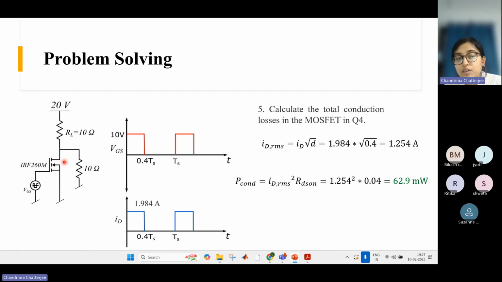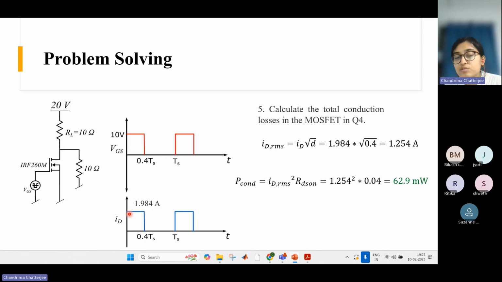When the MOSFET is on, it will carry some current, and that current is 1.984 ampere that we calculated in the last question. This is the instantaneous current. And when we are not providing any gate pulse, there is no current through the MOSFET. This is the MOSFET current. So there is no current, this is zero.